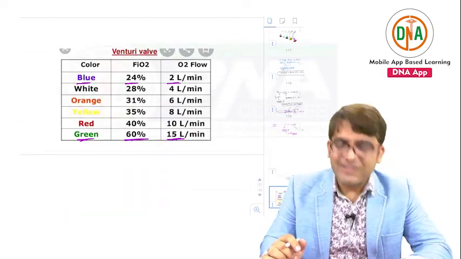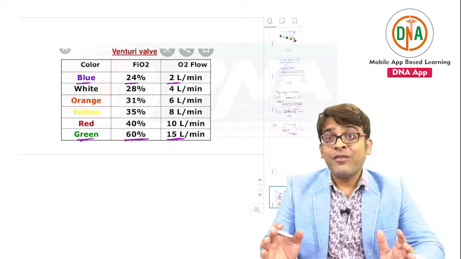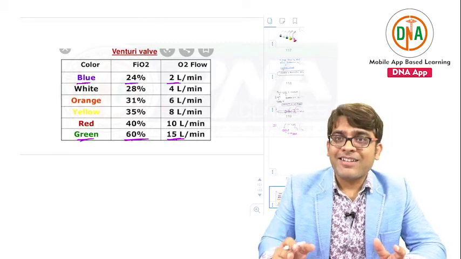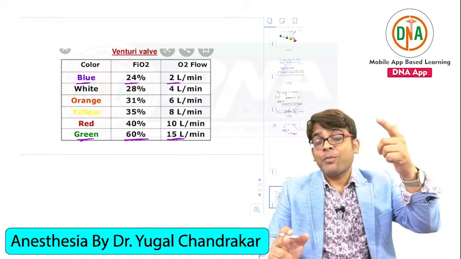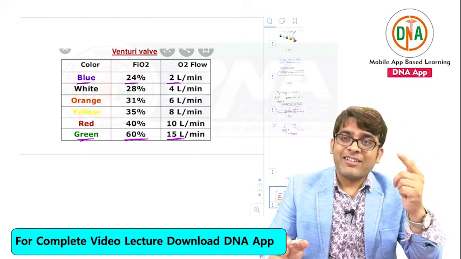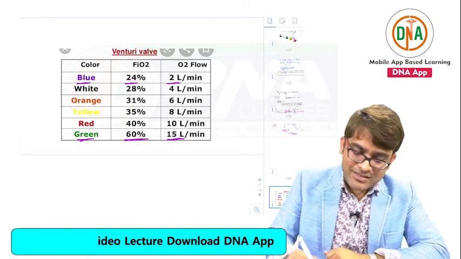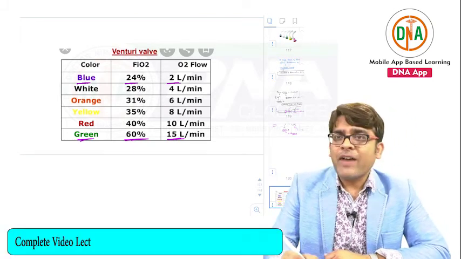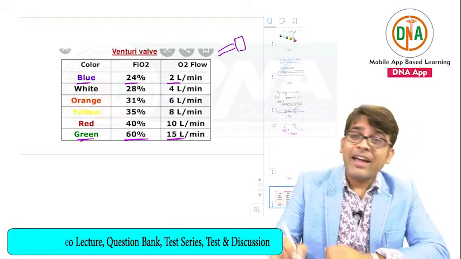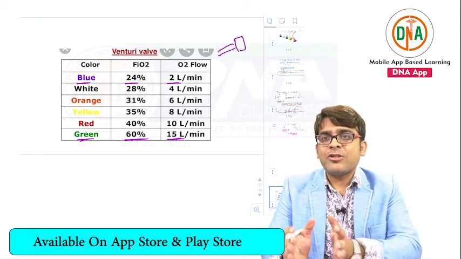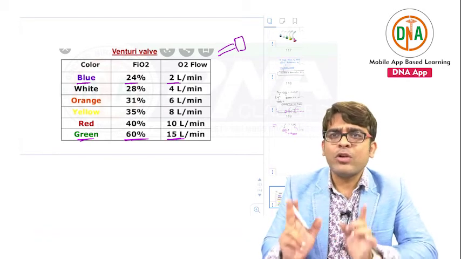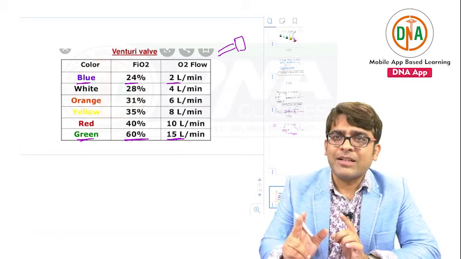You have to remember this color coding, because it may be asked, and if it is asked in your exam and you mark the right answer, then your rank will increase by 1000, 2000 ranks. That's why I am telling you, revise it 5 to 10 times first, mark it in your copy, and read it just prior to going to any exam. This is the only solution.